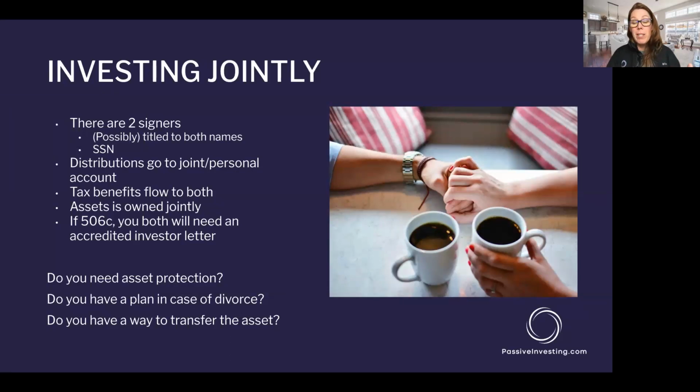Make sure you've talked through that. Do you have a way to transfer the asset on your end, not the operator's end, if something should happen to both of you? Do your documents, your will, your trust, or your state laws determine who it goes to, and is that what you want?